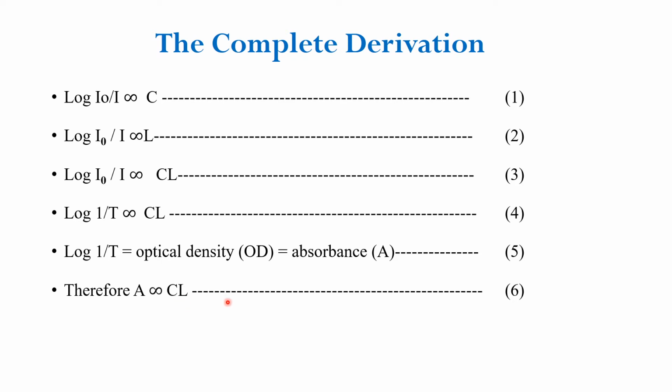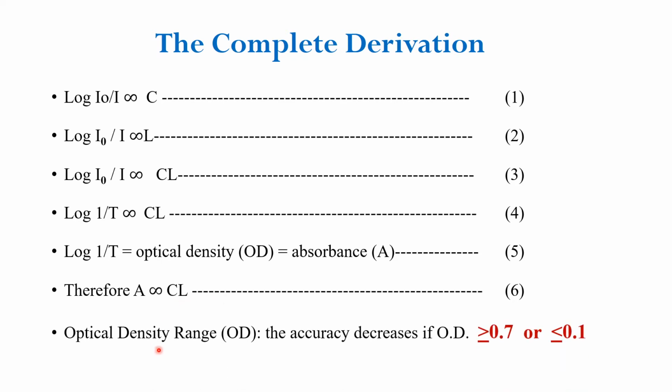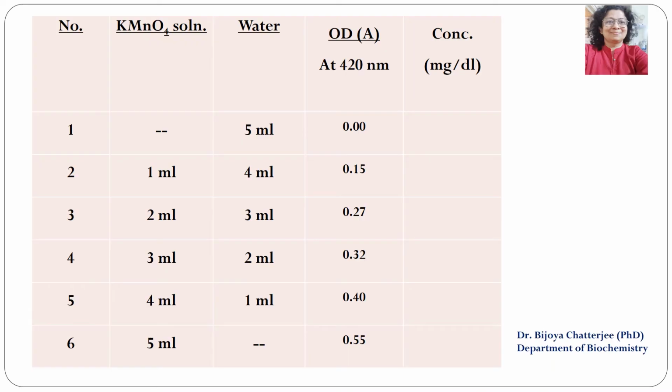Now the optical density range is always between 0.1 to 0.7, the readings in this range are ideal. If the reading is below 0.1 and above 0.7, then the accuracy of measurement is decreased. We cannot rely on those readings.